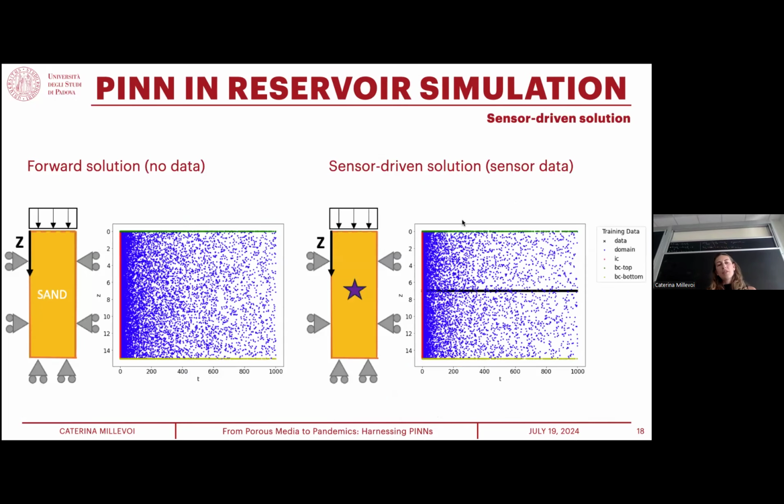Then, given the results of the sensitivity analysis, we decided to apply them to solve the problems. Let's focus on the Terzaghi problem.